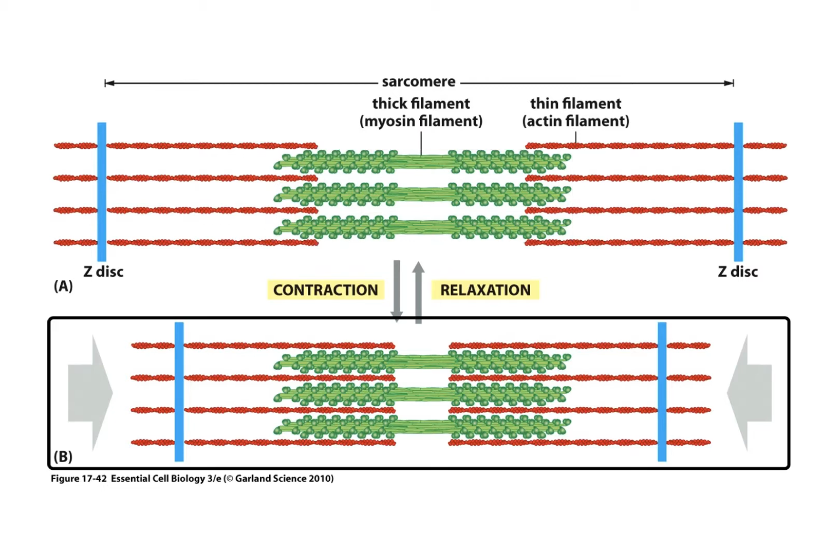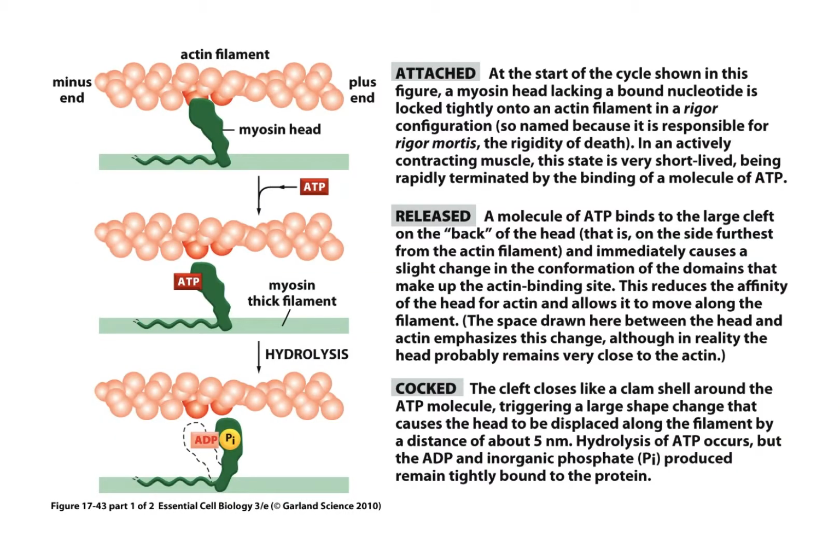And then contraction begins when you release the calcium, which binds to the troponin, and that moves the troponin off of the tropomyosin, so that the heads of the myosin can then contact the actin filament, and then through hydrolysis of ATP, the myosin heads become phosphorylated, then they can move, and then repeated over and over, causes movement of the myosin with respect to the actin, and you get contraction of that cell and contraction of the muscle. So here's a step-by-step diagram of how that's happening.